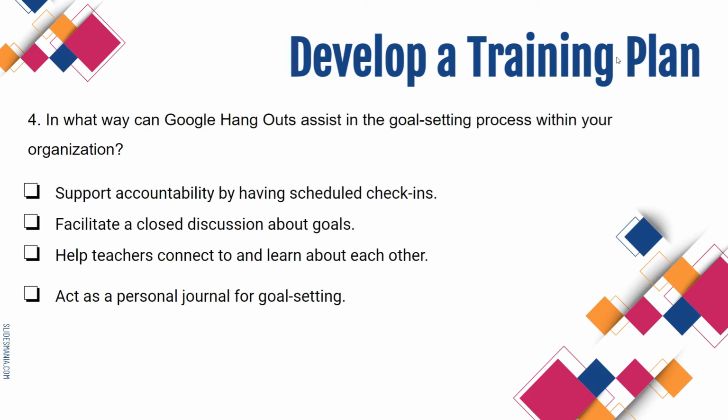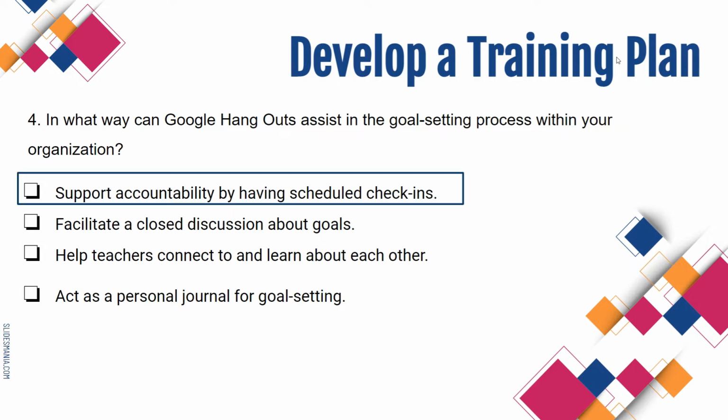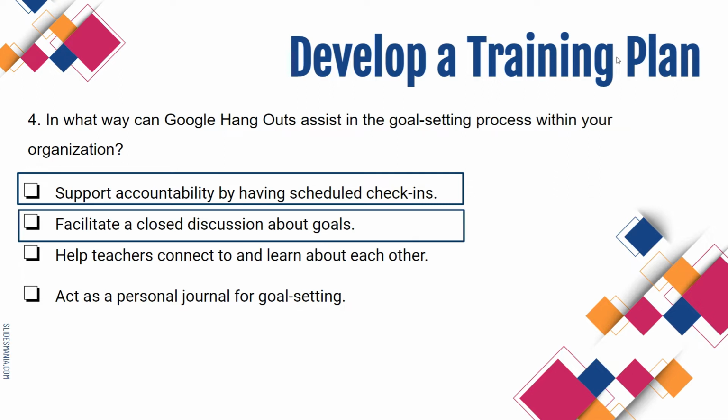True. The last one. In what way can Google Hangouts assist in the goal-setting process within your organization? Support accountability by having scheduled check-ins. This is correct. Facilitate a closed discussion about goals. This is correct.